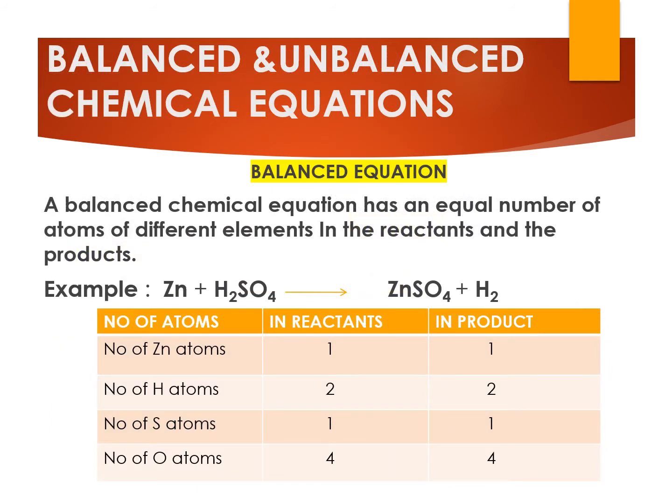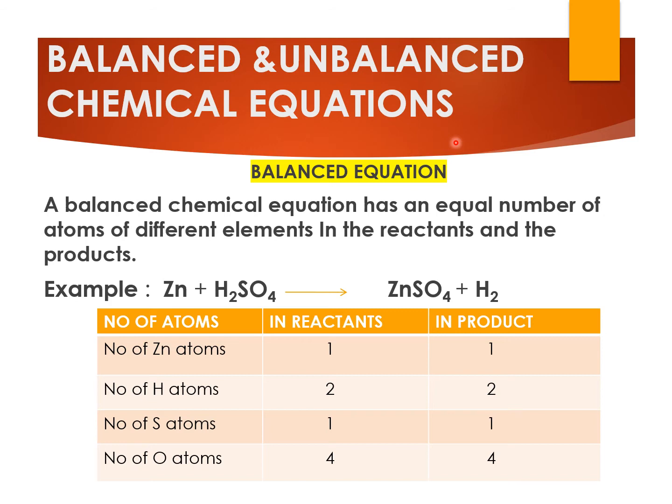Dear students, let us now proceed a little further and see what is the meaning of a balanced chemical equation and an unbalanced chemical equation. Just pause here and try to remember what you studied in class 9th about the law of conservation of mass.